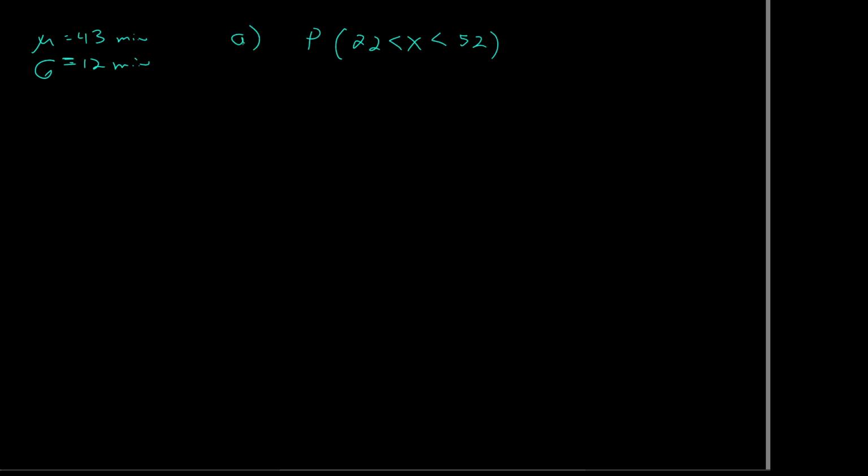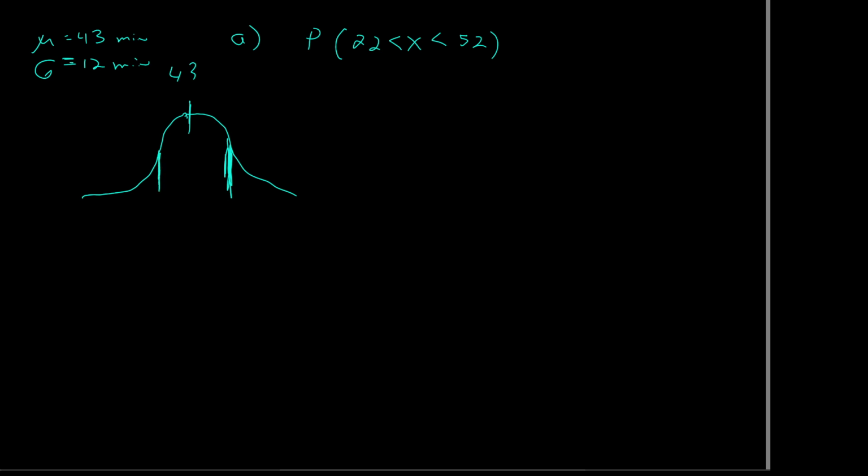We'll do that for part A. But we can only do less-than values, right? The charts and tables, everything we did about area of the curve, was to the left. So I want to put my 43 here, and 52 is going to be over here, and 22 is over here somewhere.